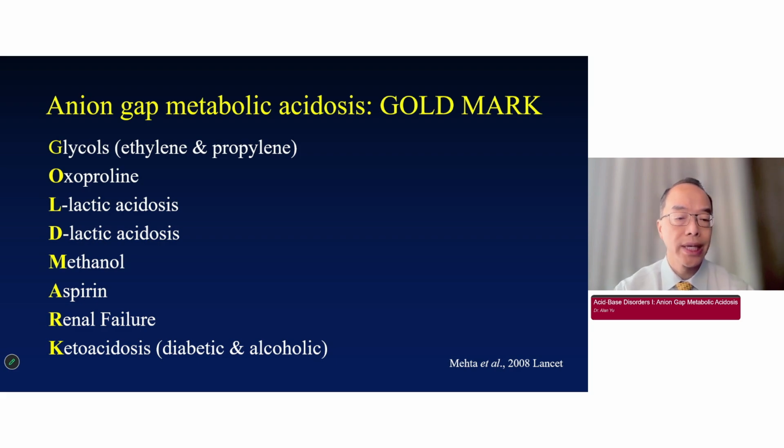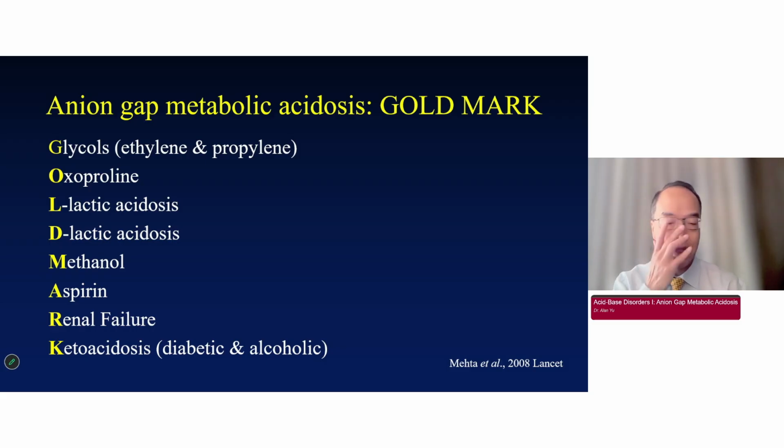L is for L-lactic acidosis, D for D-lactic acidosis, M for methanol, A for aspirin, R for renal failure, and K for ketoacidosis, both diabetic and alcoholic. And we're going to go over very briefly some of these in the remainder of this lecture.